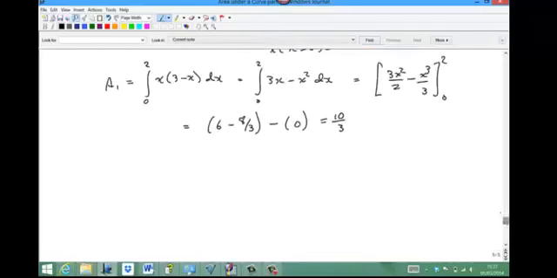The height is also 2. So A2 equals half times 2 times 2, which is 2. So the area required is 10 over 3 minus 2, which is 4 over 3 square units.